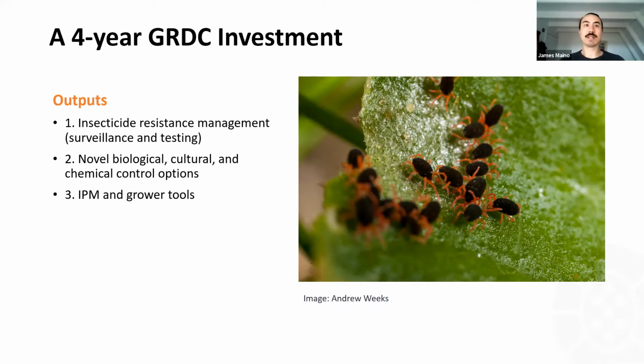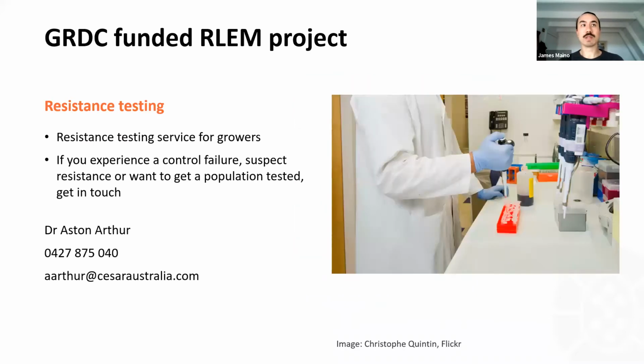We're looking to develop additional IPM and grower tools through some pretty exciting field trials and IPM demonstration sites. And as you'll see today, as the focus of this talk, interactive tools and calculators that can be used by growers and advisors. And all of this will be extended and communicated through a fairly comprehensive comms and extension program.